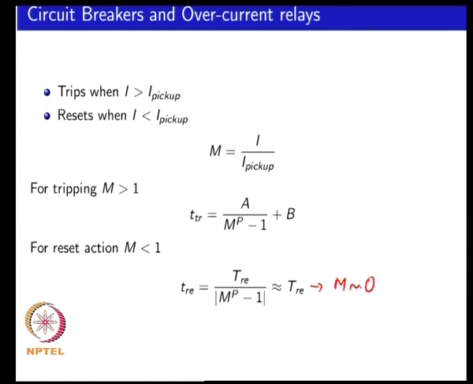For m close to 0, your TRE is roughly constant. And in these expressions, your A, P, B, TRE are constants depending on the type of characteristic you are trying to emulate in your circuit breaker.